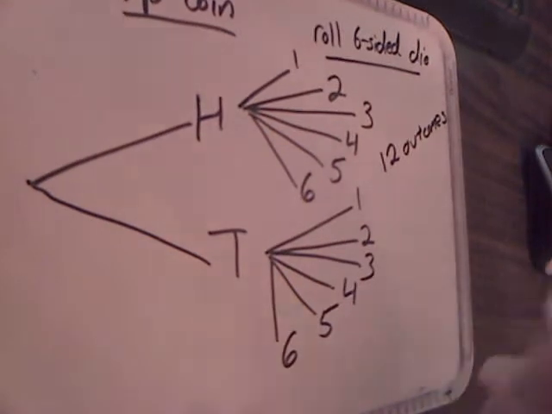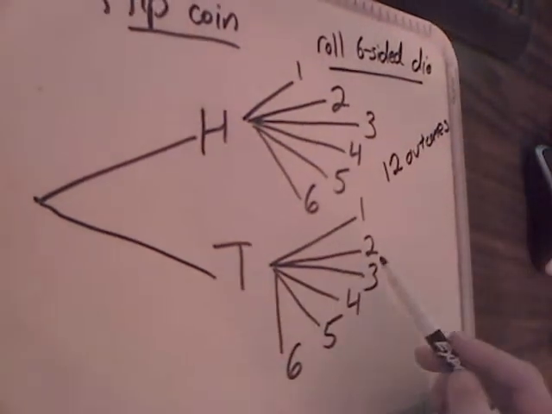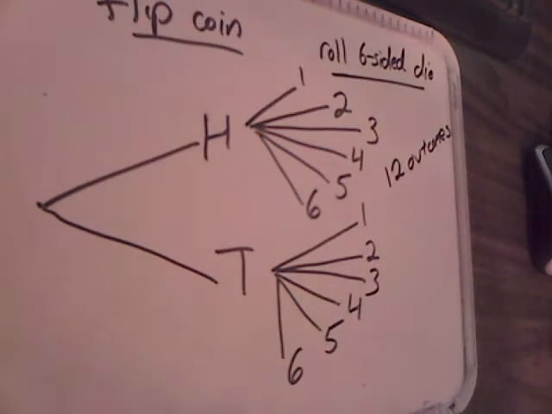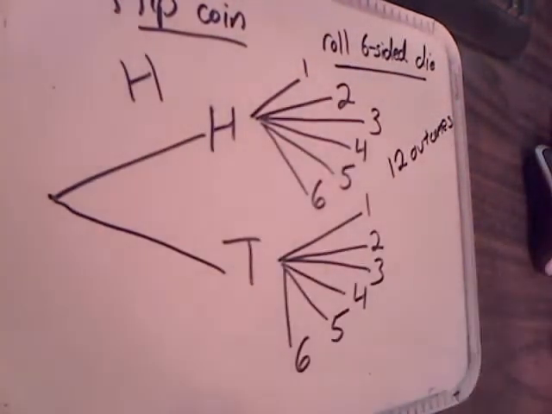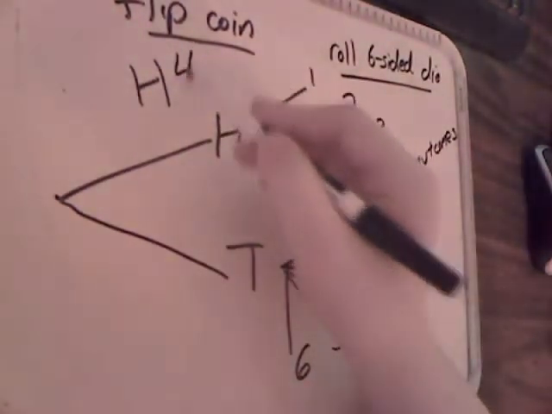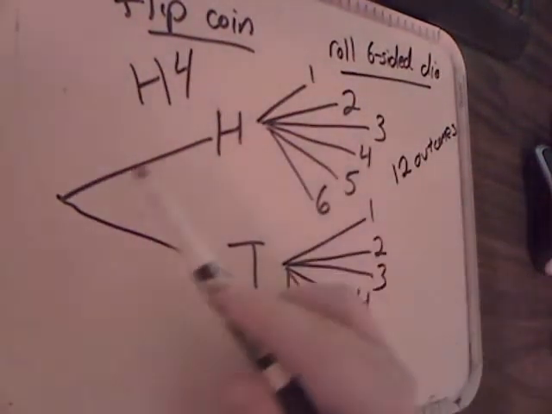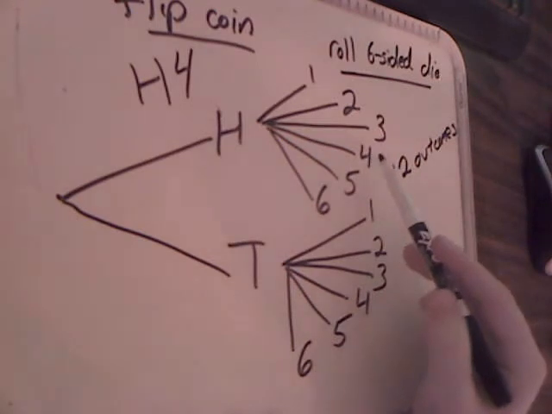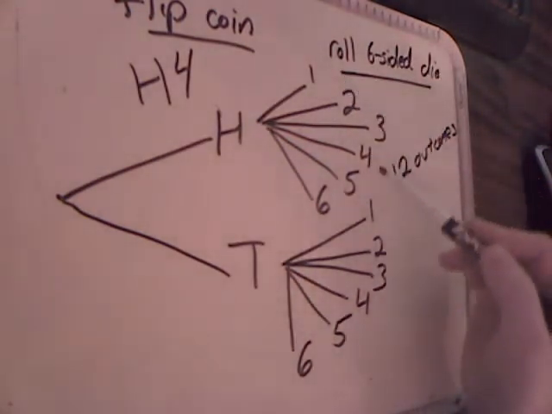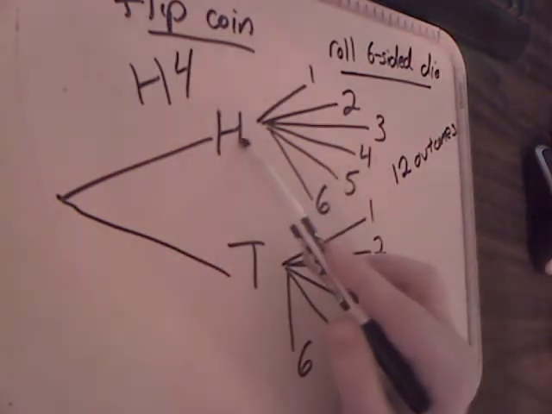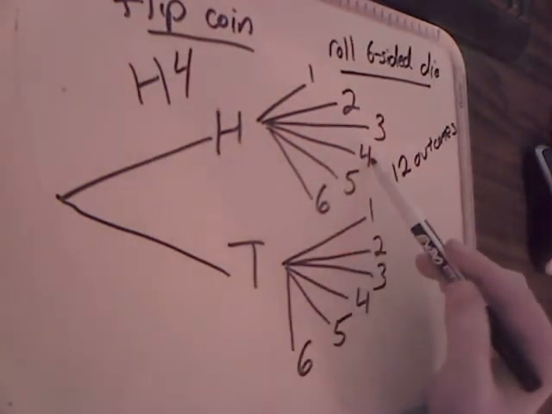If I roll a 2, I might have flipped heads or tails. If I wanted to know what is the probability of flipping a coin and landing on heads, rolling a die and landing on 4, I have heads, 4, I have a 1 in 12 possibility, because only one of these options is flipping heads and landing on 4.